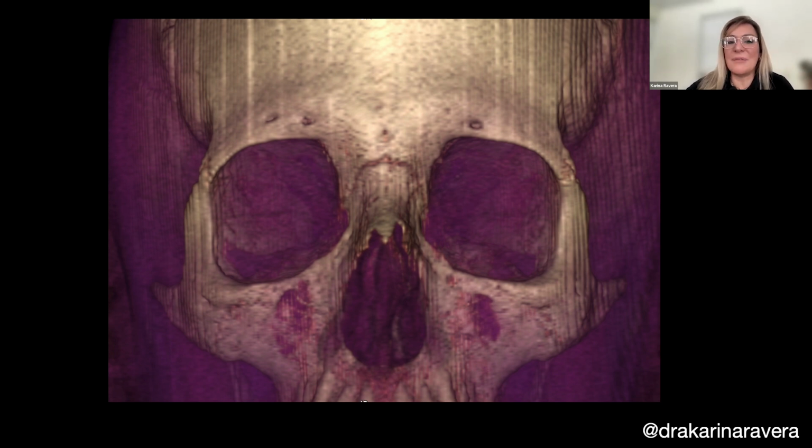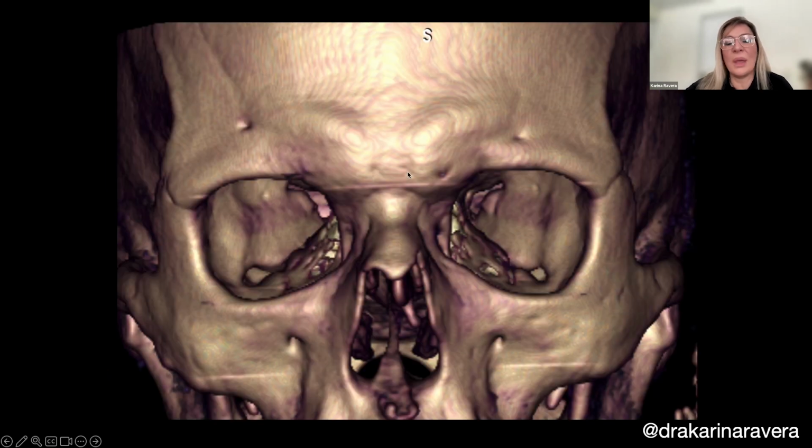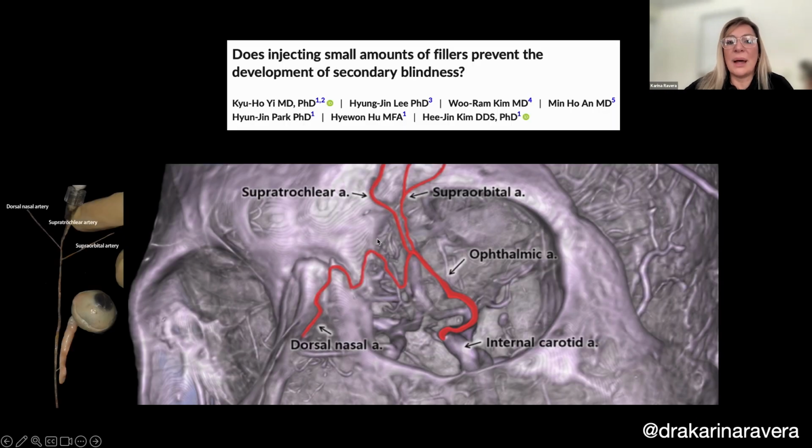Let's see these differences in this patient. On one side, it has two foramina, and on this side, it has only one. See? So we can observe here again the different locations of the supraorbital foramen.